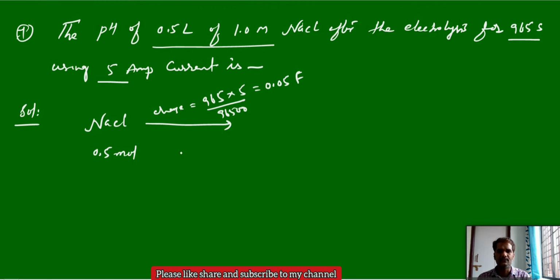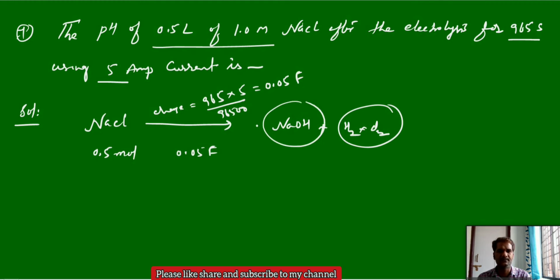We have 0.5 moles, and we are passing 0.05 Faraday. When you do the electrolysis of NaCl, what will you get? NaOH. Apart from this, liberation of hydrogen and chlorine at cathode and anode respectively. Then the solution will become basic in nature, NaOH.